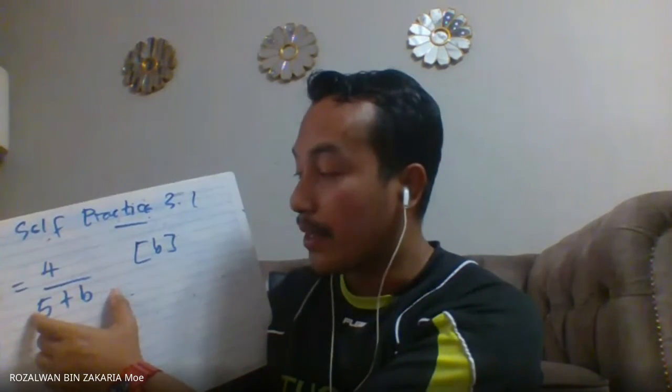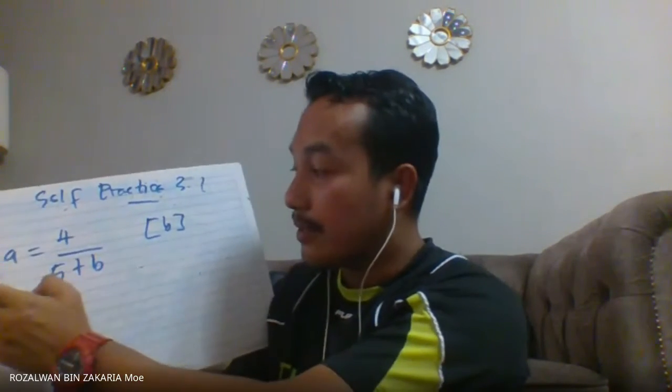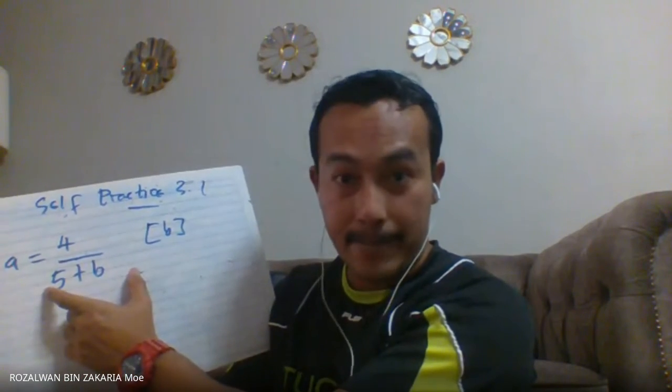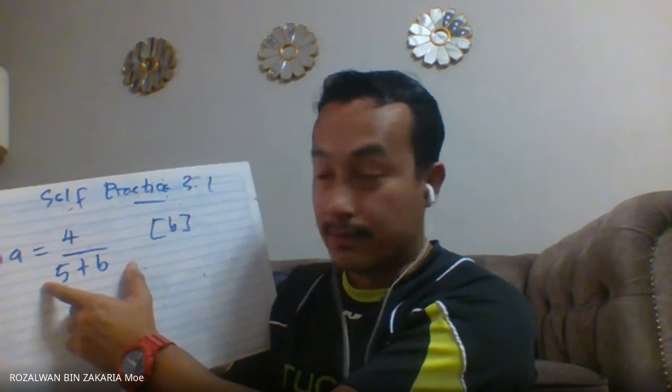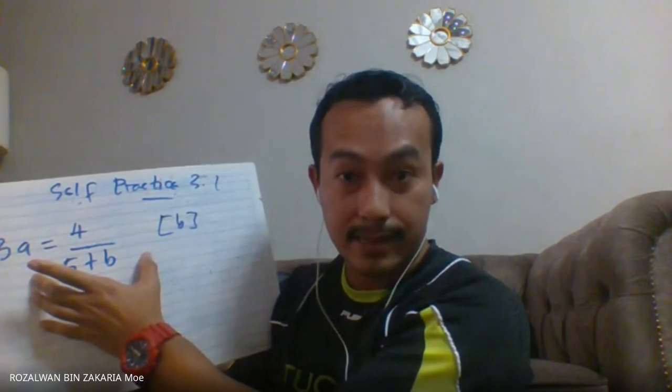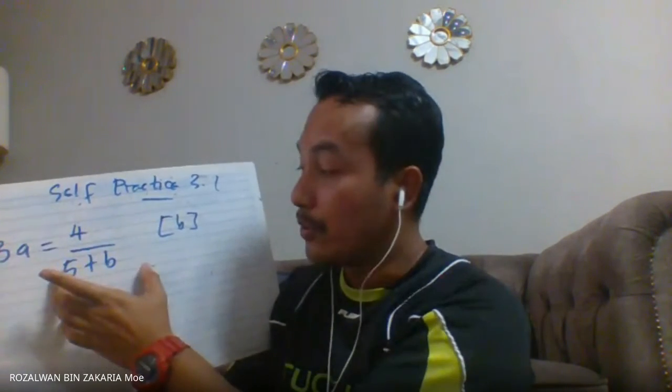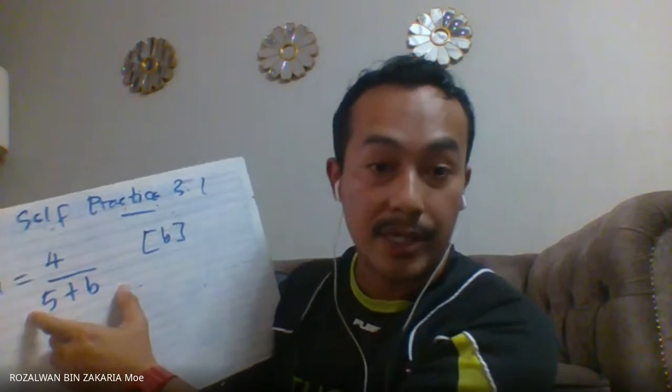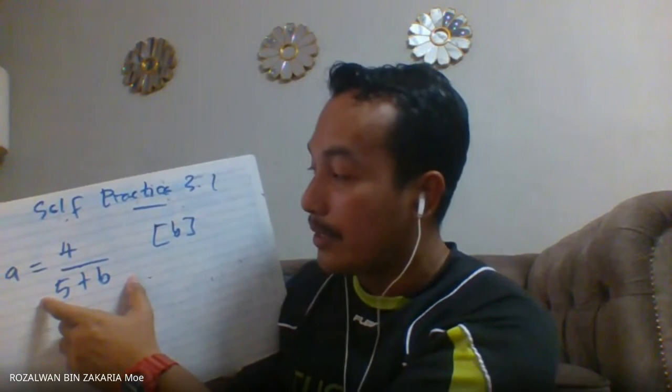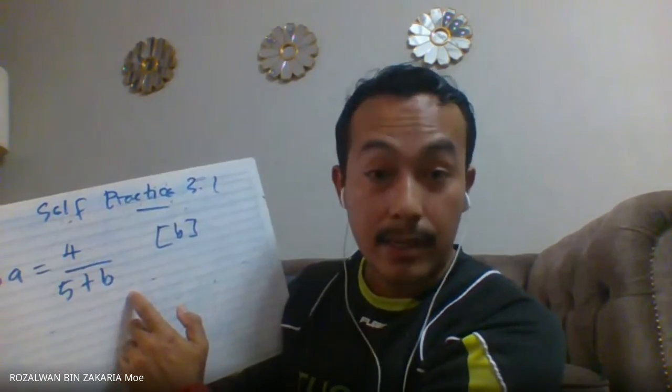How to do? Okay, the simplest way: this divide, we need to bring to your left side. This one was on your right side, so it needs to come to your left side. So bring 5 plus B to your left side. What is the operation of the 5 plus B with the 4? 4 divided by 5 plus B, that means division.